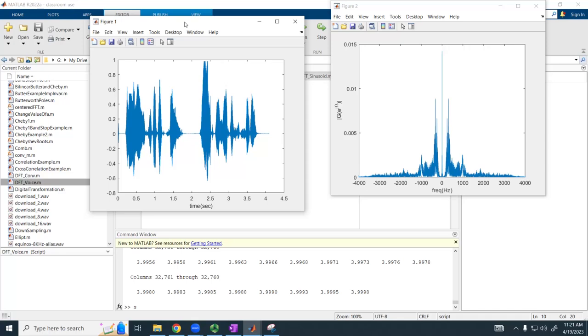Now, because this signal is sampled at 8 kilohertz, the range that I'm going to plot the spectrum for is going to be from negative 4,000 to 4,000. Does that make sense, everybody?